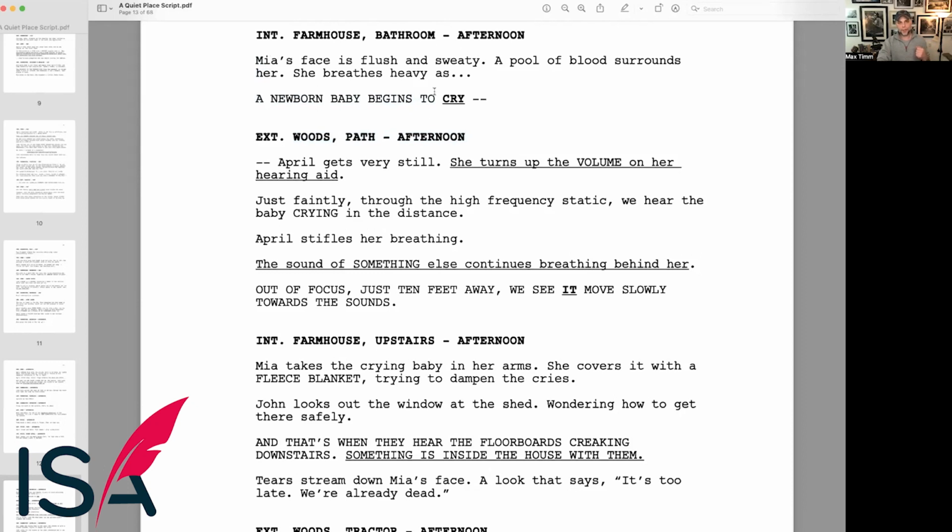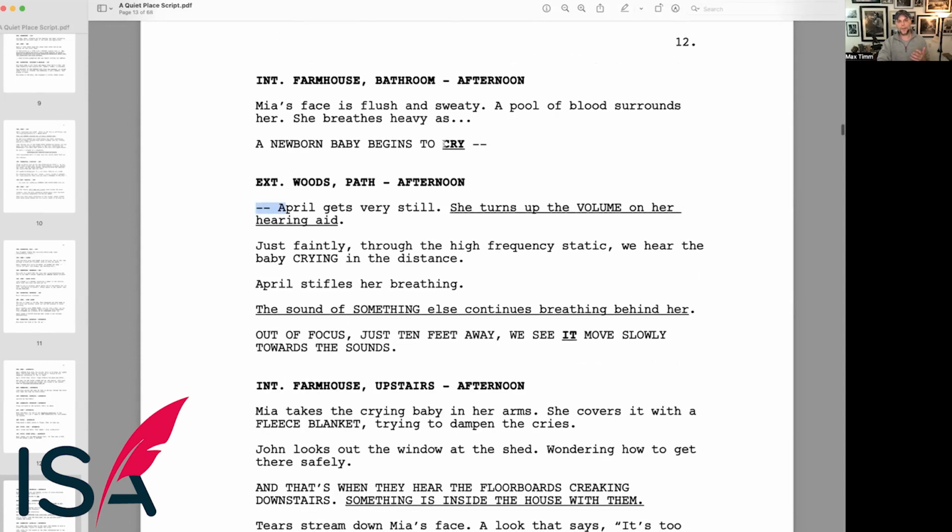What's interesting is they use the hyphens to kind of continue us into the next scene. We go from the farmhouse. They're using afternoon a lot, but this has a very particular role to play in the movie, because night and day is different, and it takes place over a relatively short amount of time in terms of the story overall.